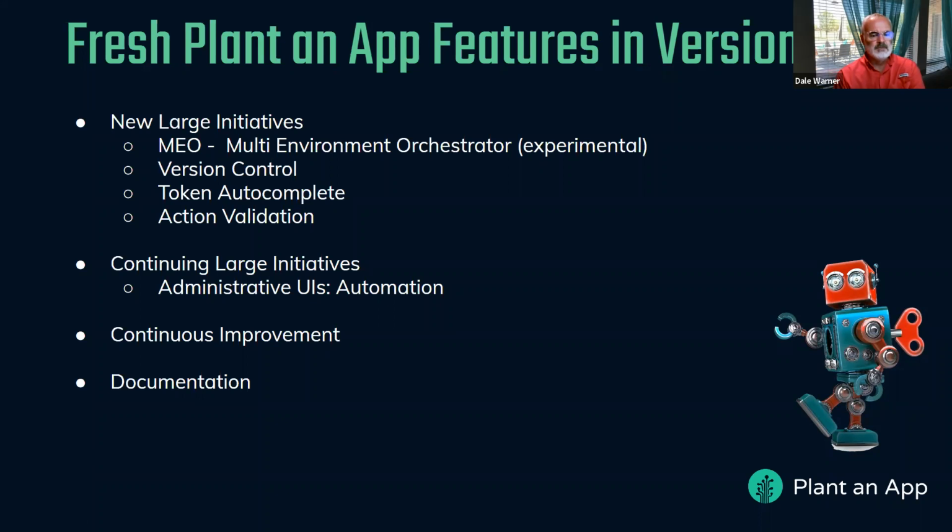And that's, again, part of a larger story where we are delivering changes to all of our administrative user interfaces. Beyond that, we have some continuous improvement, bug fixes, and minor features that were added to the product. And we're starting to see some changes in our documentation. We'll point those out as well.